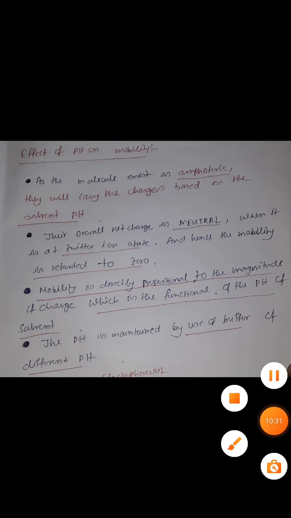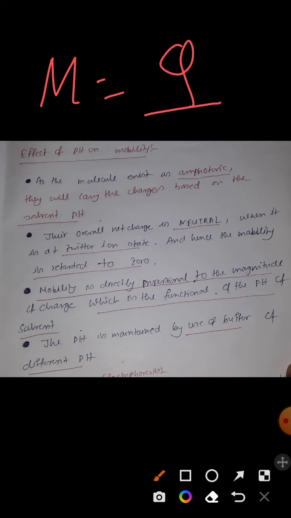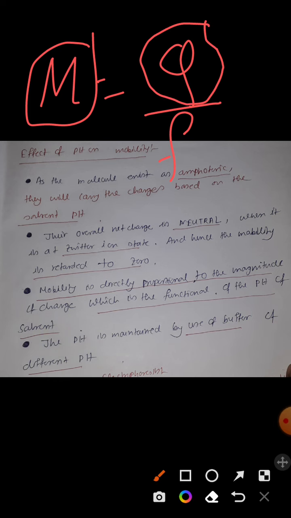Now let's discuss the effect of pH on mobility. If we focus on our equation, mu is equal to Q by F, the equation for electrophoretic mobility, then we can easily observe that electrophoretic mobility is directly proportional to the magnitude of the charge on the molecule.